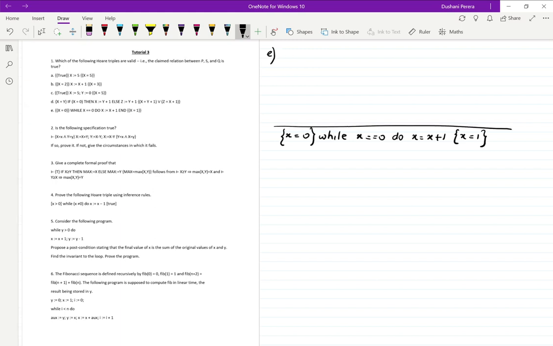Now using the rule for while, we say P while the condition do S, and then we have P and the negation of the condition.